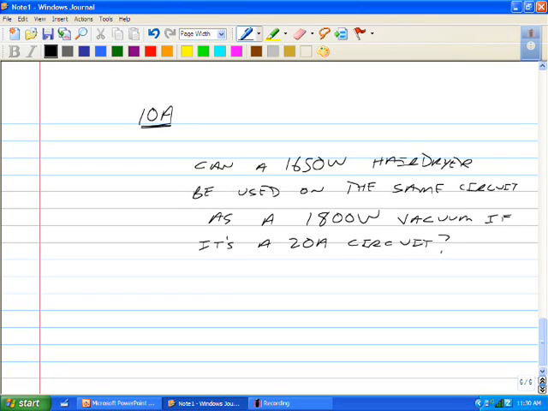Now, a couple of different approaches. I can determine the maximum power that can be run on a 20 amp circuit and compare that to the amount of power I'm trying to run. Or I can take these power ratings and find out how much current each of them will use on a typical circuit, and then add them together and compare it to the 20 amps. Either way, I get the same answer. Which way do you want to do? Do the first one? Okay.